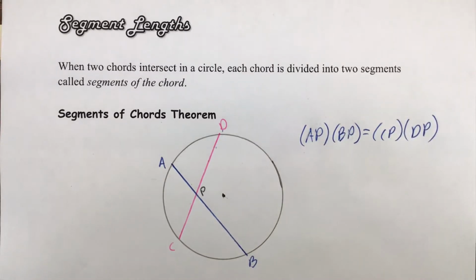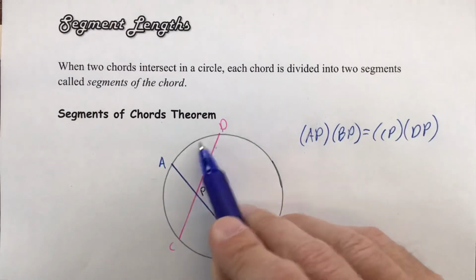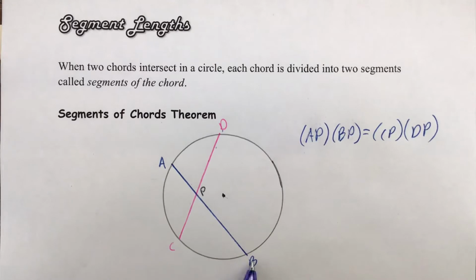Again, that can be proven using similar triangles. The proof generally looks like this. If you were to connect AD together and connect CB together, you can prove that those would be similar triangles. Then based on proportionality, you could take these segments, set up a proportion, and with cross products, you get this.